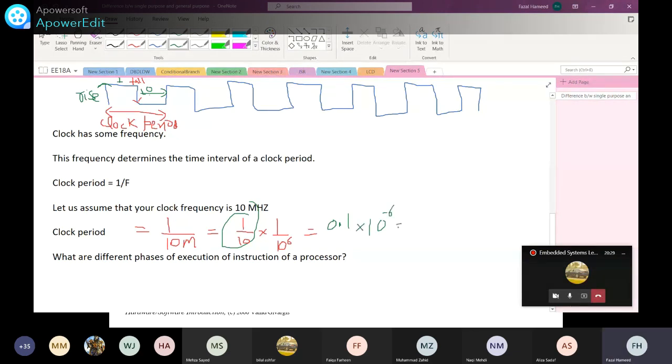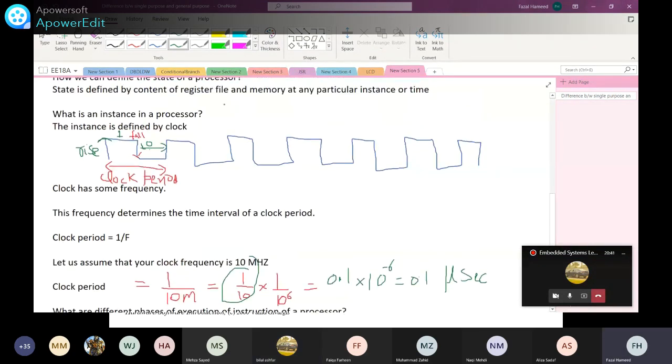So it will be equal to 0.1 what? Micro. What is the unit? Second. Microsecond.